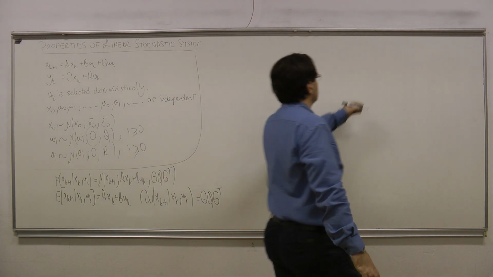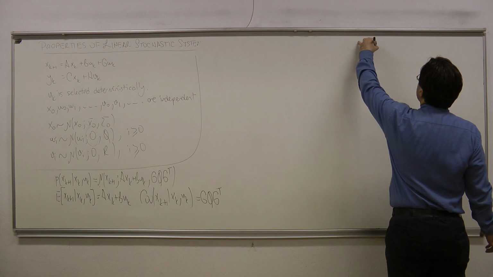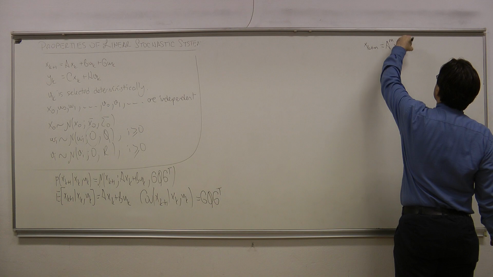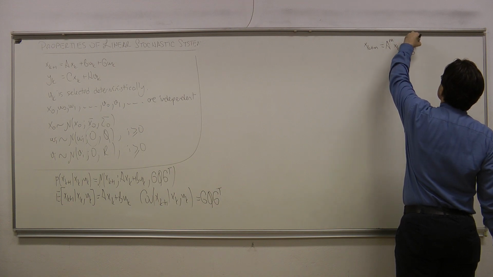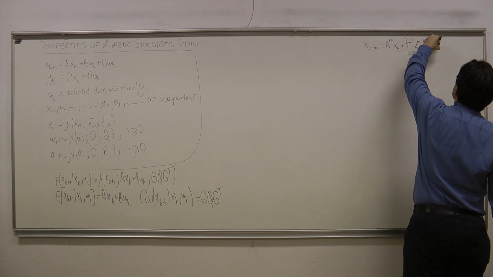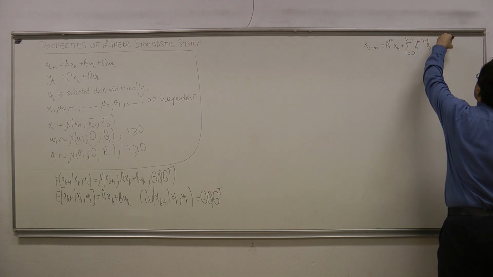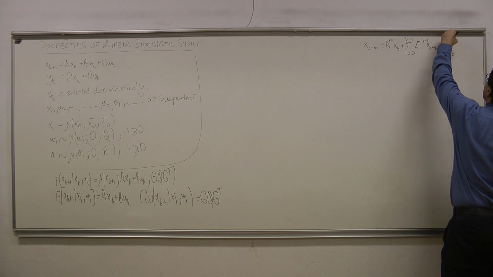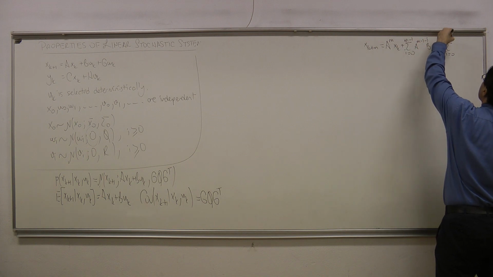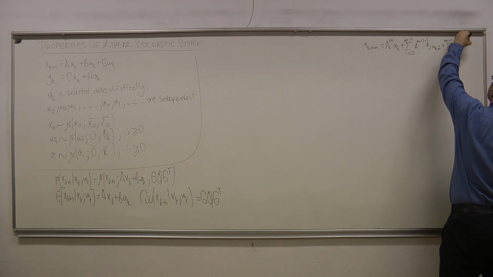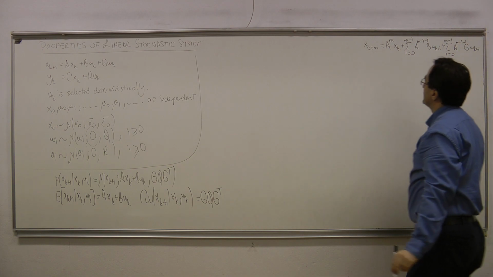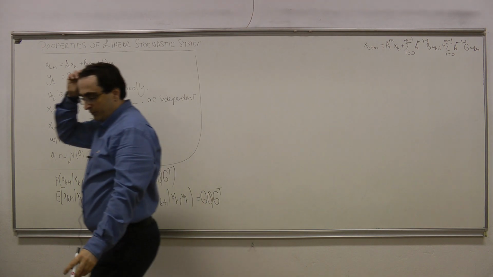Let me write it once more, sorry for this. x_{k+m} is equal to A to the m x_k plus the input and noise terms. So this is our m-step transition function.